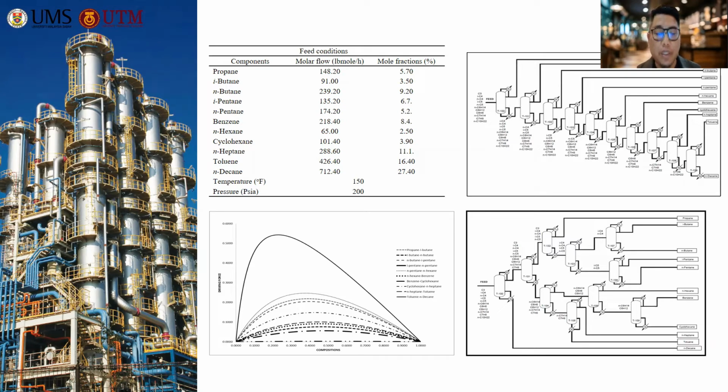For example, here we have about 10 distillation columns, and the more columns you have in the sequence, when you apply this driving force approach to redesign or resynthesize the sequence, you may have more energy saving. For example, in this case, we have about 40% energy saving.